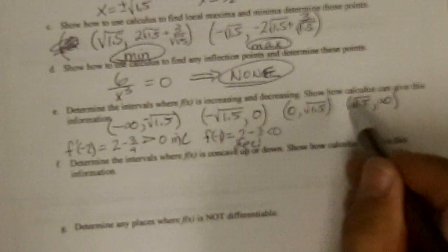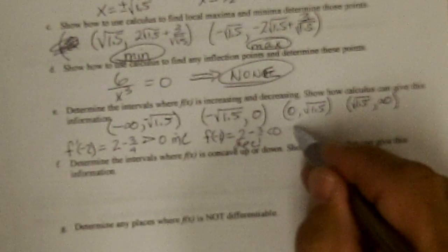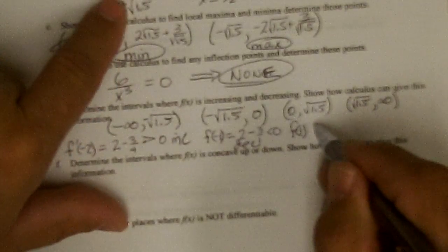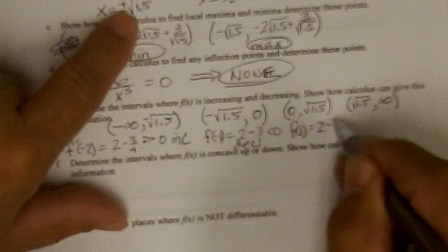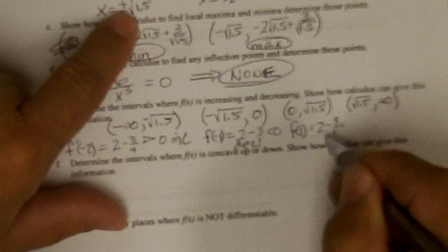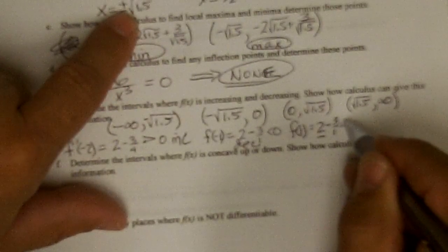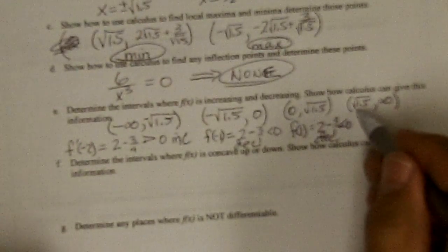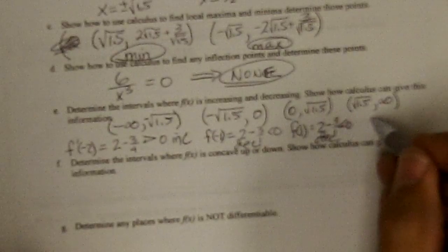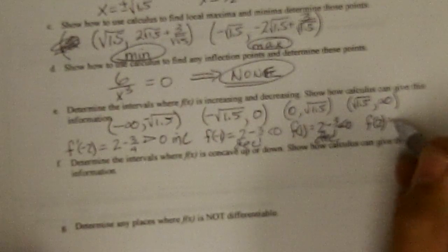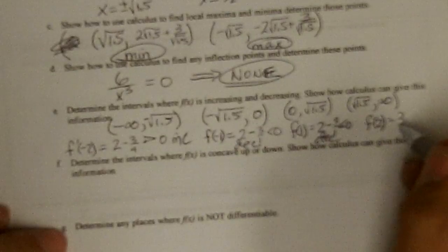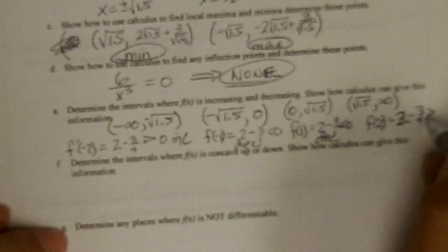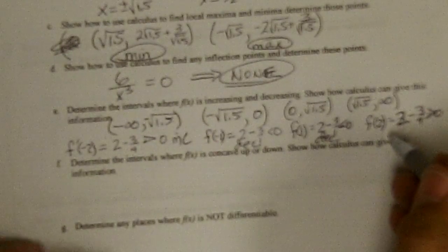And then between 0 and 1, square root of 1.5 is 1, and if I put 1 into the derivative, I get 2 minus 3 over 1, which is negative, so it's decreasing. And then over here, something bigger would be like 2, f prime of 2 would be 2 minus 3 over 4, which is greater than 0, so it's increasing.